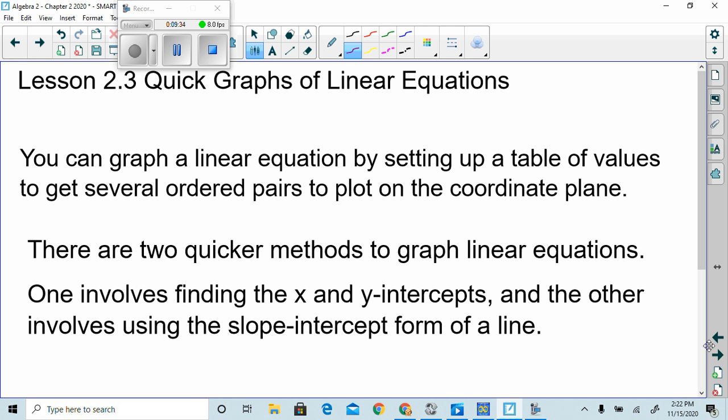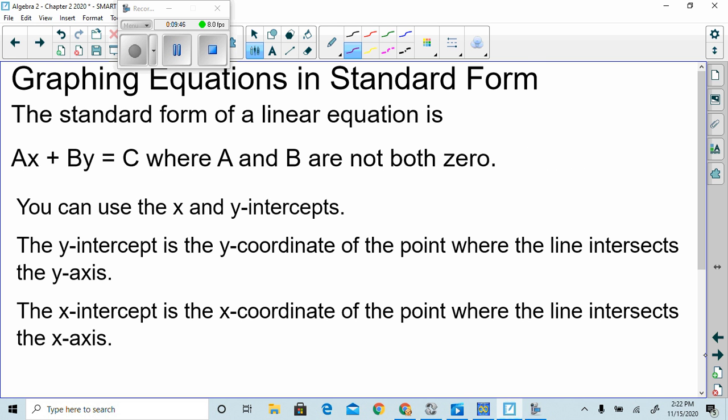Well, the first method, called a quick method, involves finding the x and y intercepts. What are x and y intercepts? They're points that fall either on the x or the y axis. So again, if I have a coordinate plane, and we'll just do a really rough sketch, if I have a point that falls right here, the coordinates of that would be 2, 0.